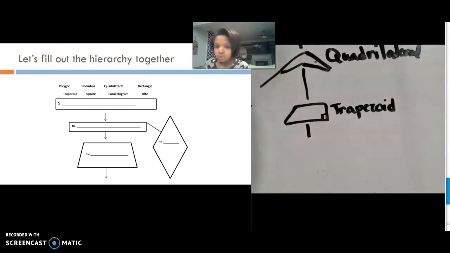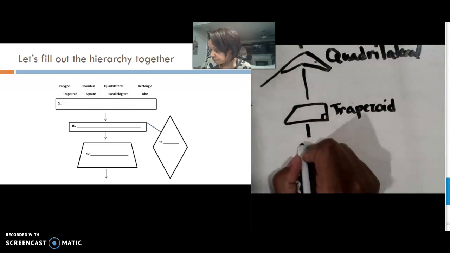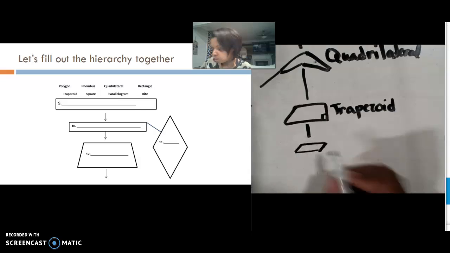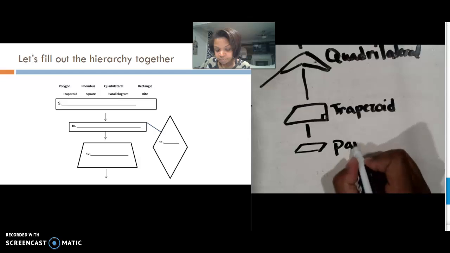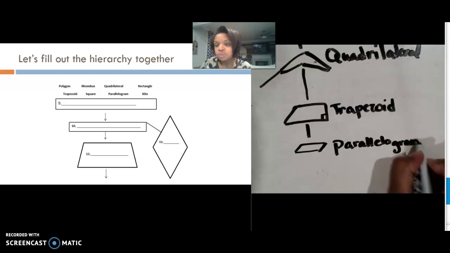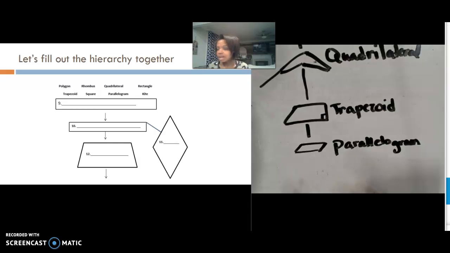So next I'm going to draw a parallelogram. Okay, so a parallelogram has 2 sets of parallel sides. So this side is parallel, these sides are parallel, okay?